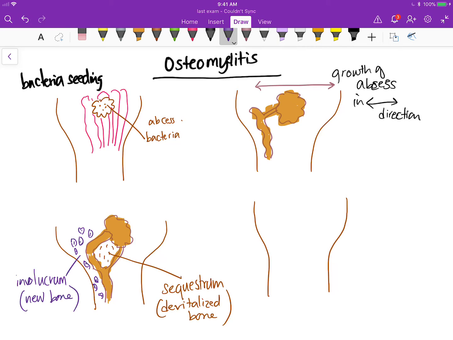Now, over time, what happens is that all these infectious processes, so you have the original abscess with the sequestrum inside.